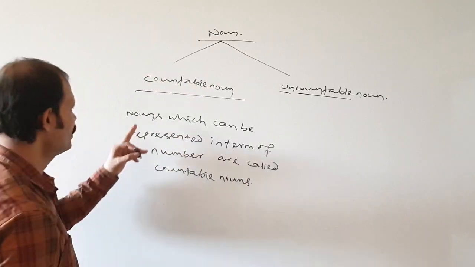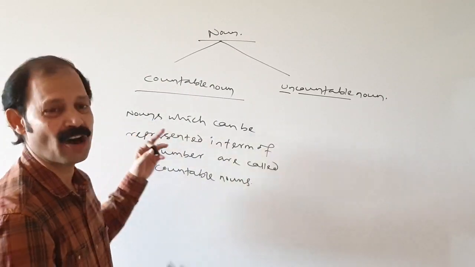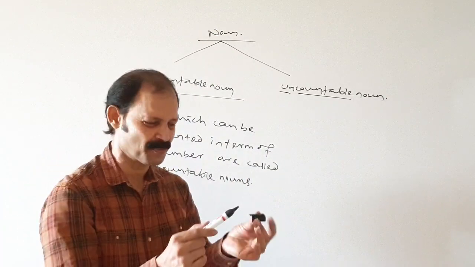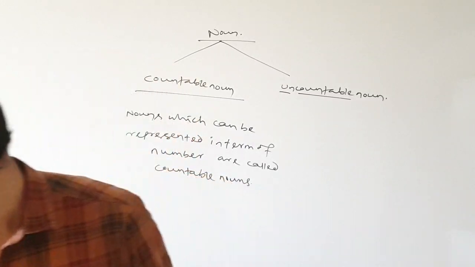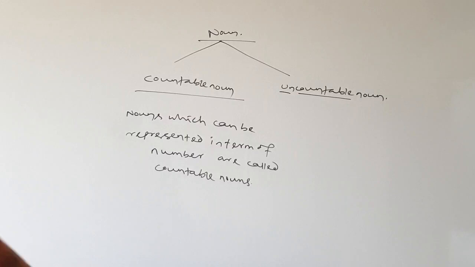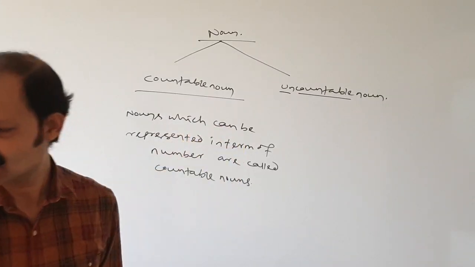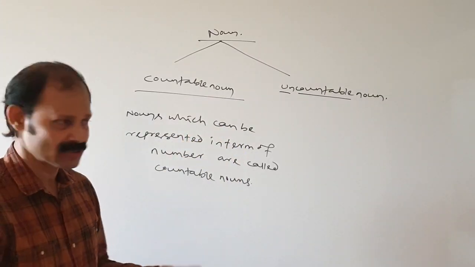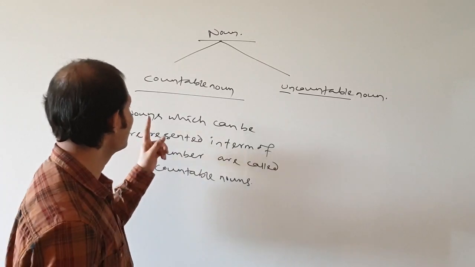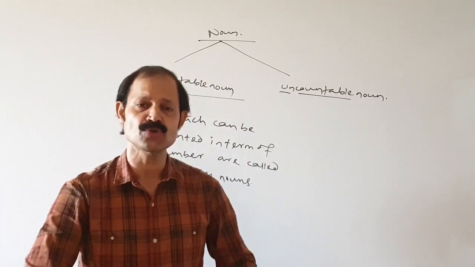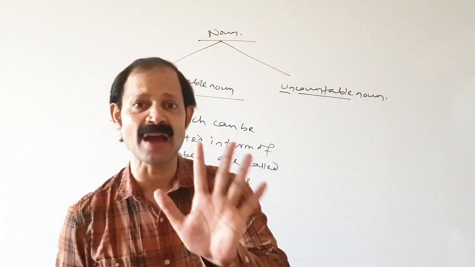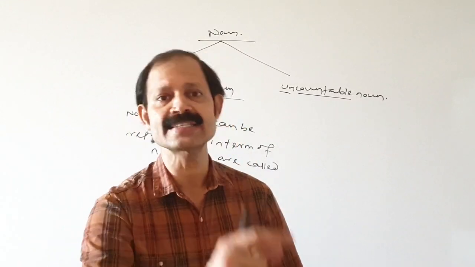What does it mean? Different nouns are there. Noun means naming, what I told you. Suppose this is a marker, this is a duster, suppose this is a paperweight. So these are the nouns. And if we represent any noun in terms of number, that means we can say 1 of it, 2 of it, 5 of it, 7 of it, then it is a countable noun.